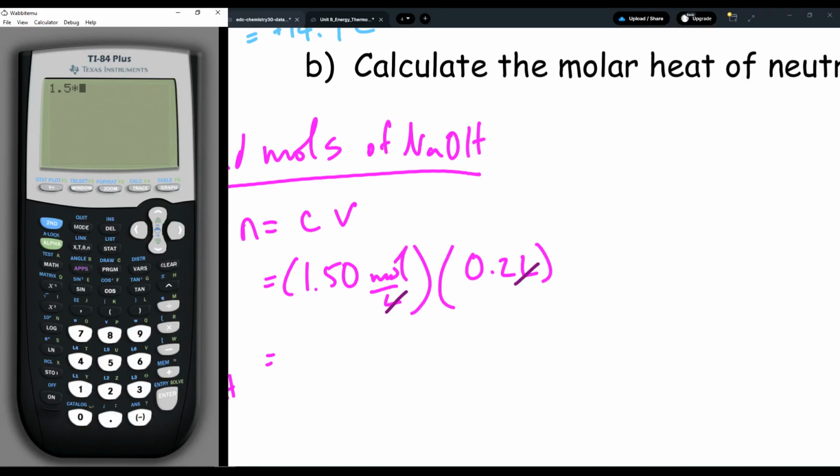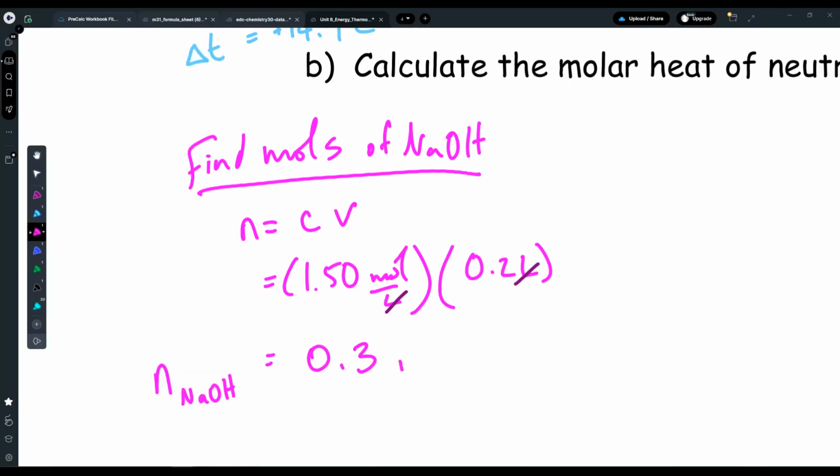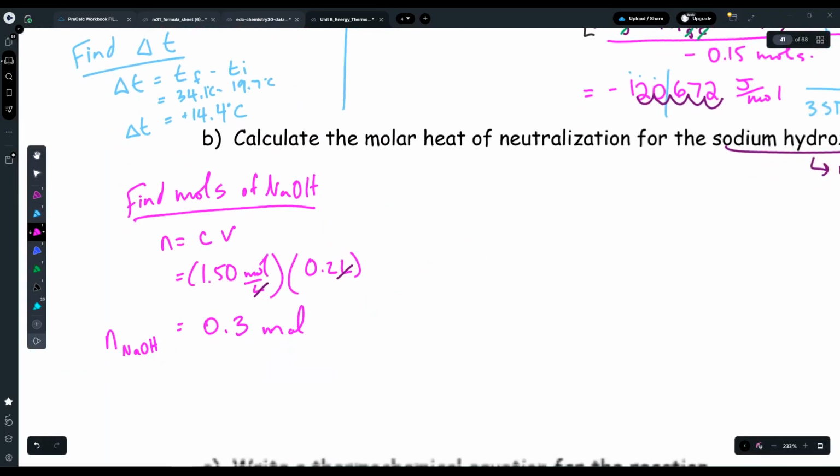So 1.5 times 0.2 is going to give us 0.3, and that's the moles of sodium hydroxide.